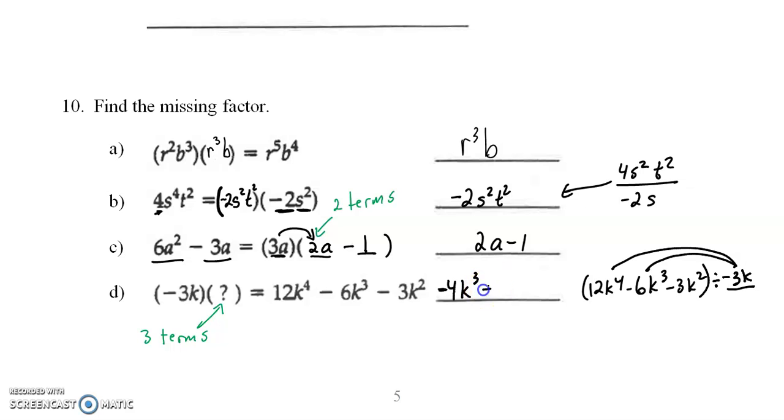So I'm going to be dividing by a positive 2, and then what do I need to multiply that k by? A k squared. And the last one, negative 3k times what is going to give me this negative 3k squared? It's going to be just a k. And you have to put a sign there, it's going to be a plus, positive. There's your answer.